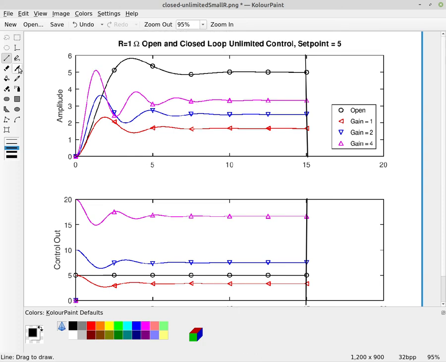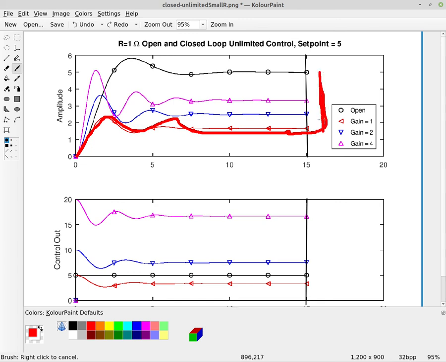So now you can see that we definitely have some oscillation. Remember, the black was the open loop, and we have some oscillation without applying any control. If I apply some control, with a gain of 1, we're back to the same thing.